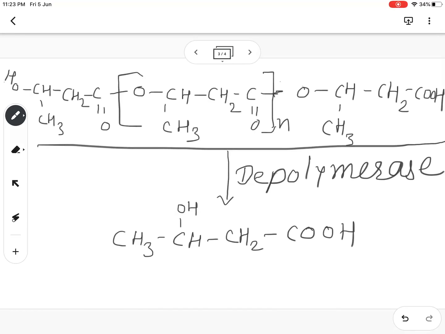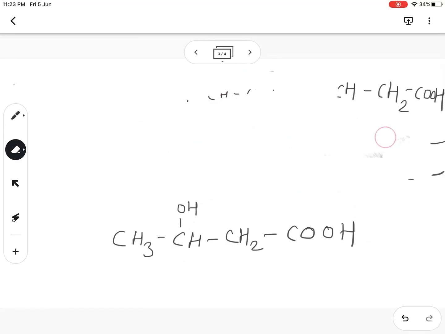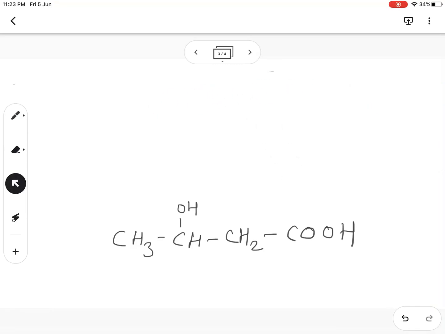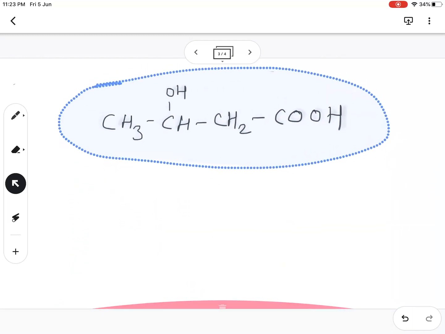The beta hydroxybutyrate then undergoes oxidation, and this oxidation is catalyzed by the enzyme beta hydroxybutyrate dehydrogenase. This beta hydroxybutyrate dehydrogenase is an enzyme that requires NAD as cofactor.